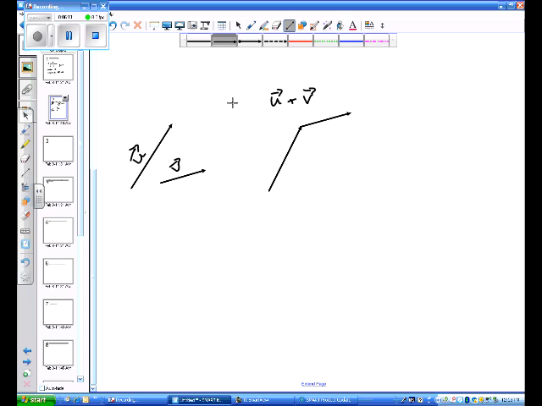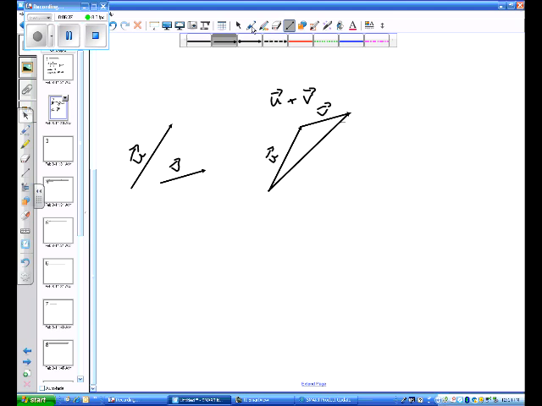So we've got our vector u and our vector v. Now the resultant of these, the sum of these then, starts where u started, and it goes to where v ended. And this would be our resultant.